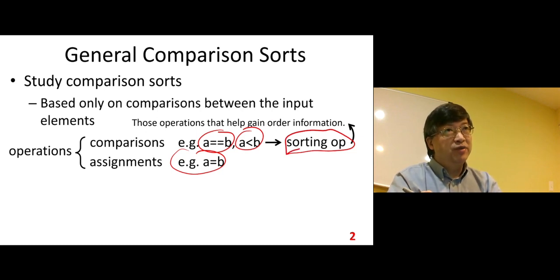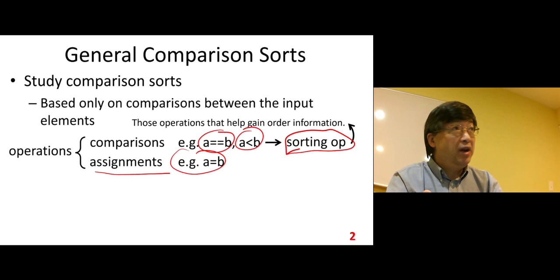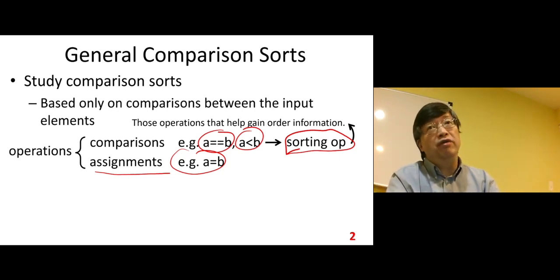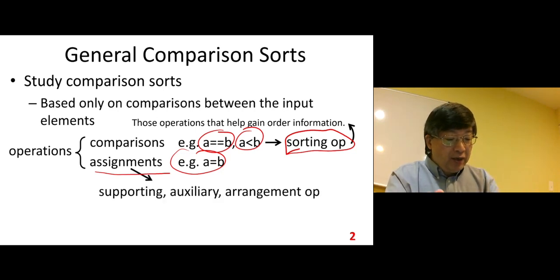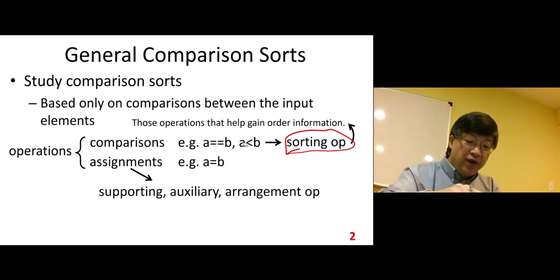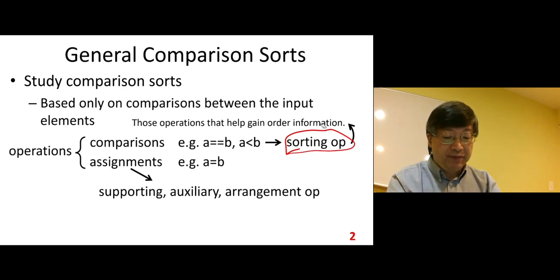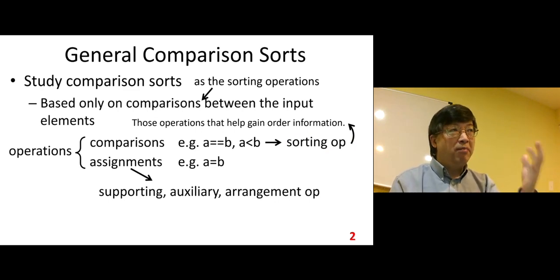Because when we do comparisons, we can get order information. But when we do assignments, we cannot get any order information. No matter how many times you do the assignments, you can never get any order information. So assignments are supporting, auxiliary; we use them to do the data arrangement. With this understanding, now we know the importance of the comparison.